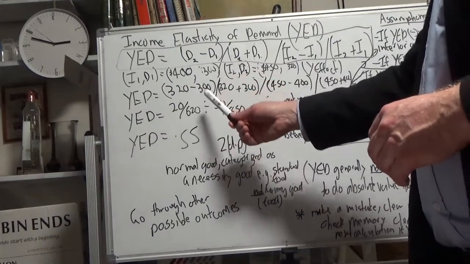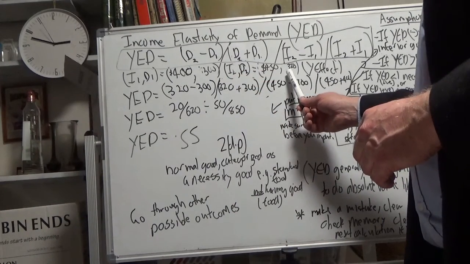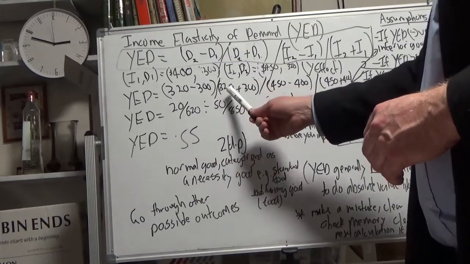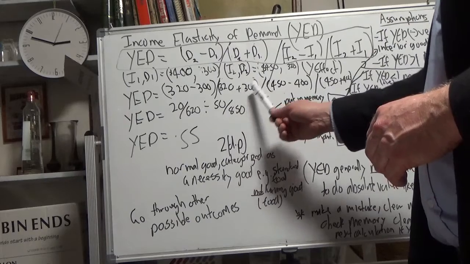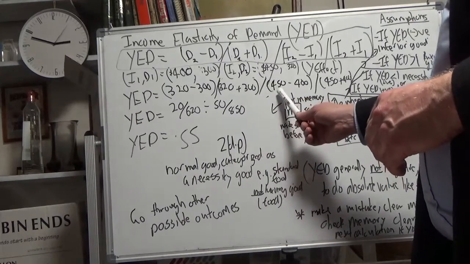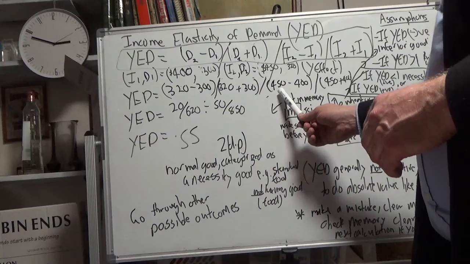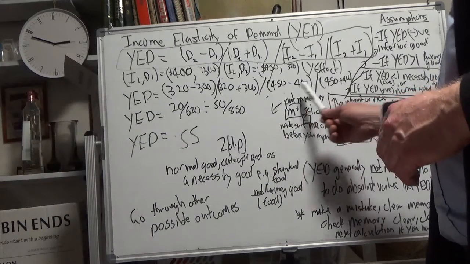We start with the difference between D2 and D1: 320 minus 300, divided by D2 plus D1, so 320 plus 300, divided by income 2 minus income 1, so that's 450 minus 400, divided by 450 plus 400.